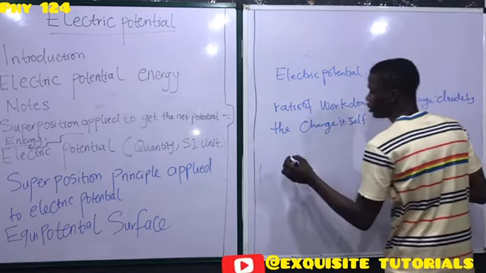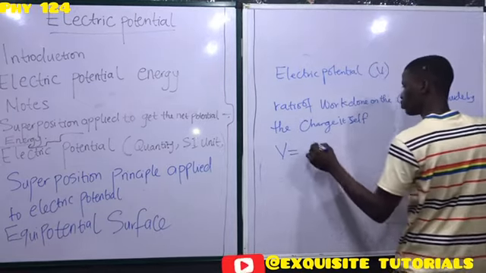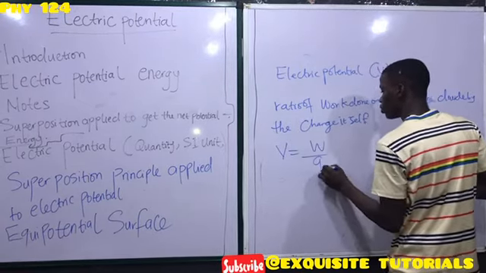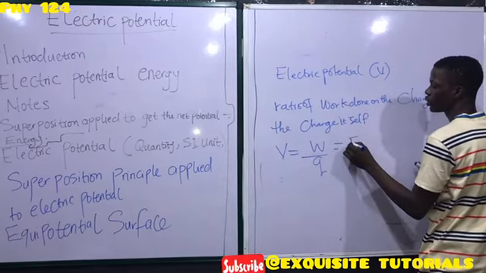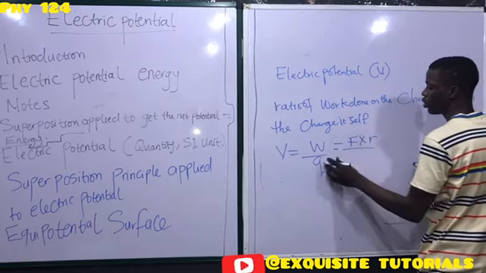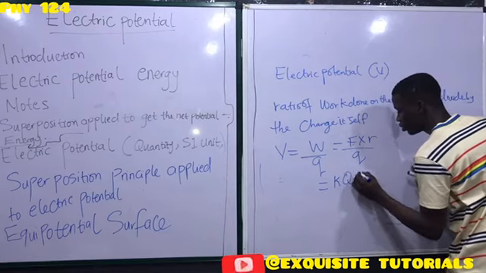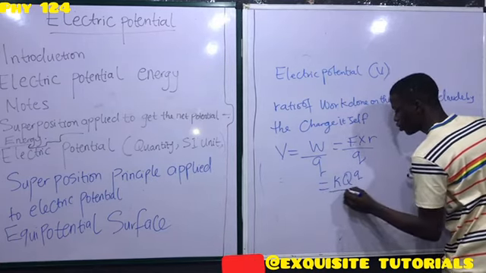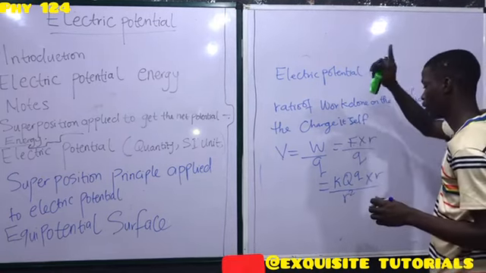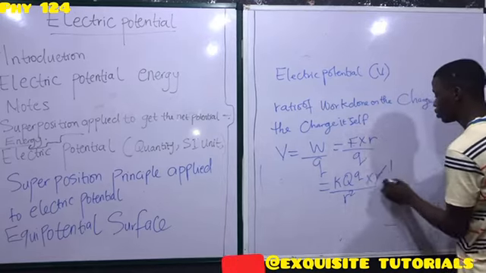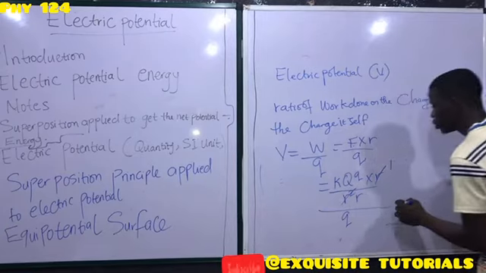So I can say electric potential V is equal to W all over Q, which can also be written this way, where we know that W is equal to the force times the distance, all over Q, where F is equal to kQ all over r squared times r. Our F from normal electrostatic law, this one can cancel out this one, we'll be left with just one arrow, divided by the Q.